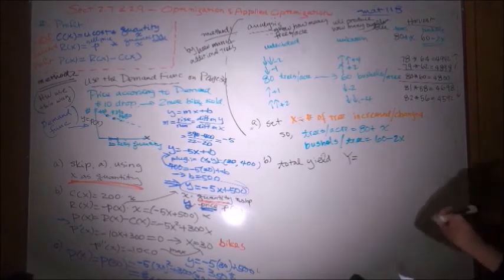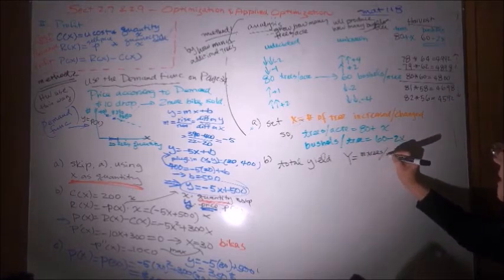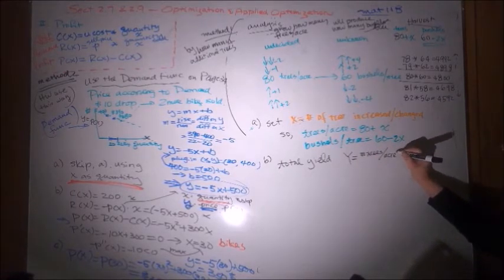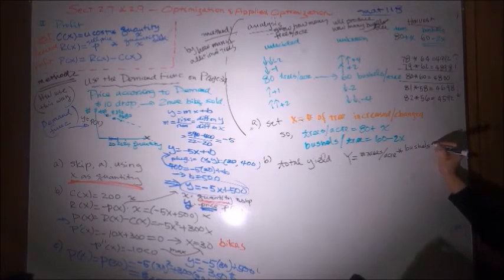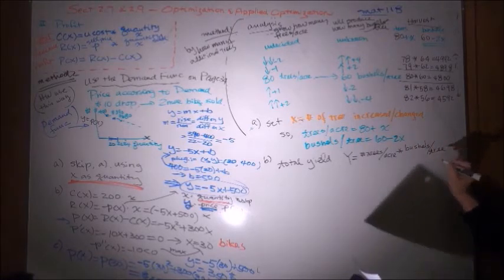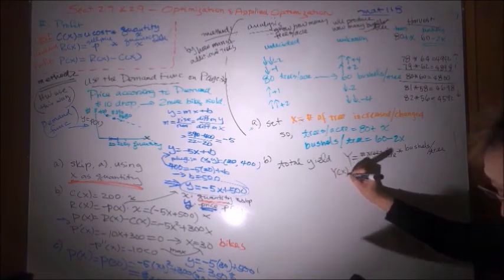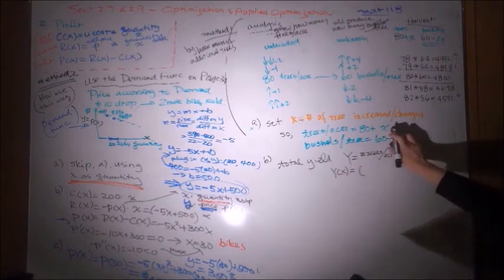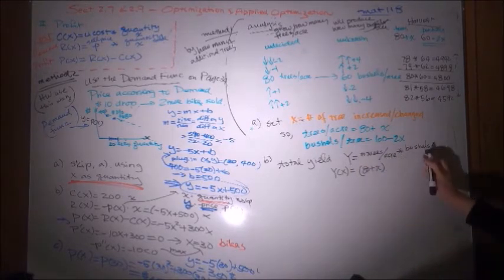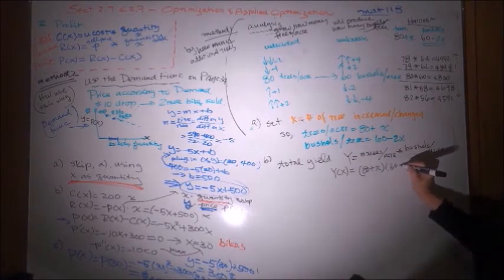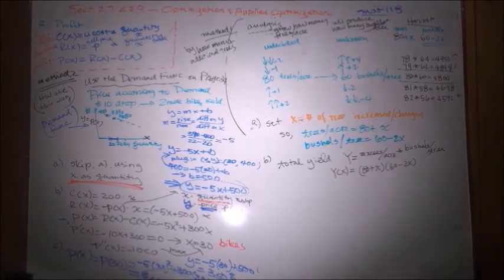It will be the number of trees per acre times how many bushels per tree. Is that right? So your y of x would be 80 plus x times 60 minus 2x. Is that right?